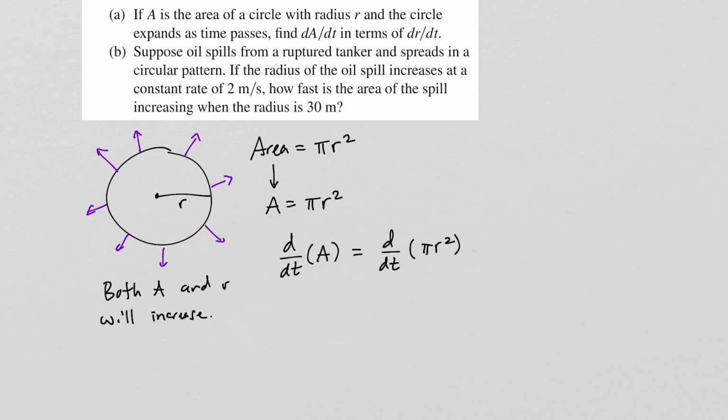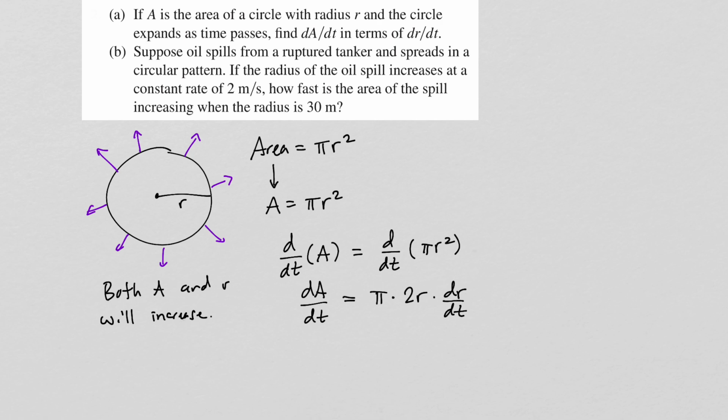And now the derivative of A, of course, is just dA dt. And on the other side here, let's remember that pi is a constant. So the derivative of pi r squared is pi times the derivative of r squared, which is 2r. And then, of course, the chain rule says dr dt.